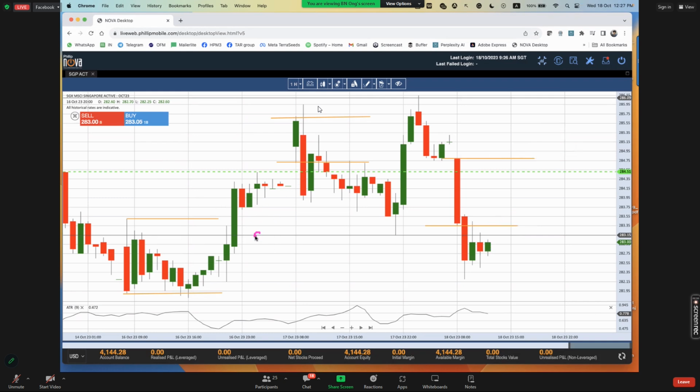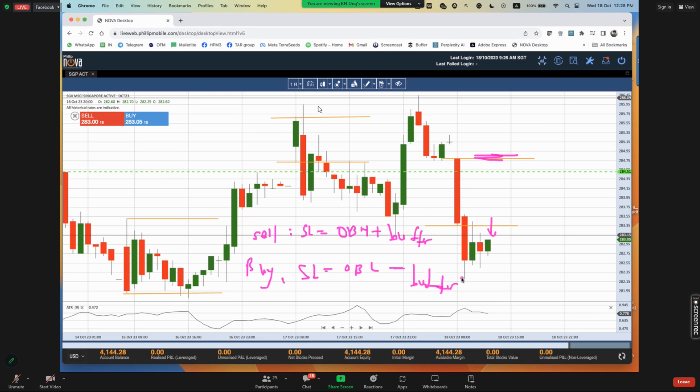So if I sell right now, then my SL is equal to OBH plus a buffer, because I short here, I don't want it to go up here. Now if I buy, your SL is equal to OBL minus buffer.